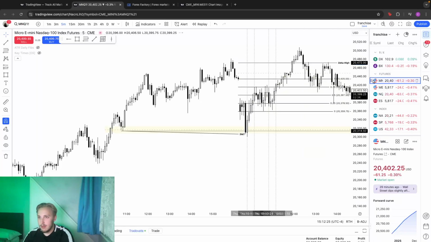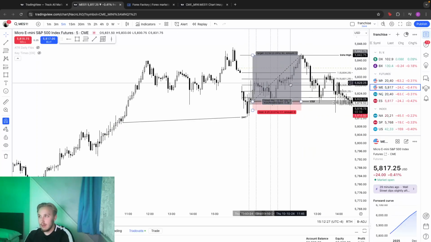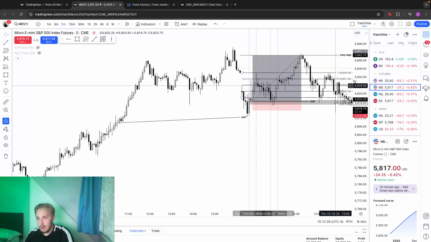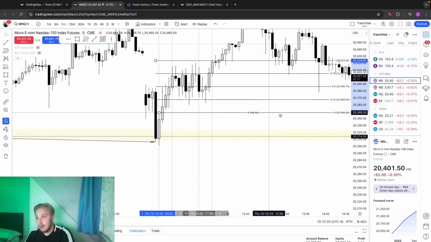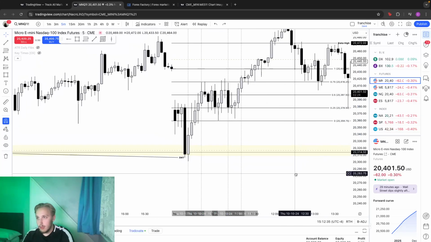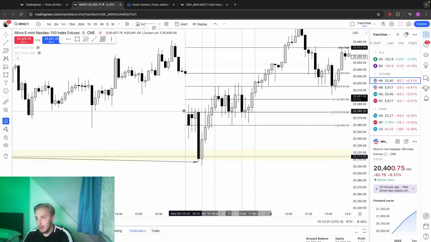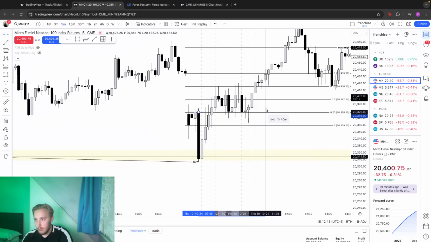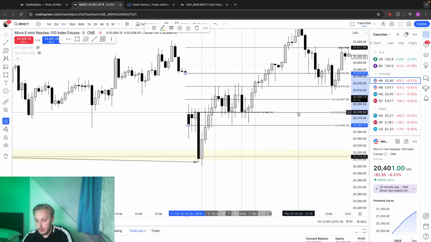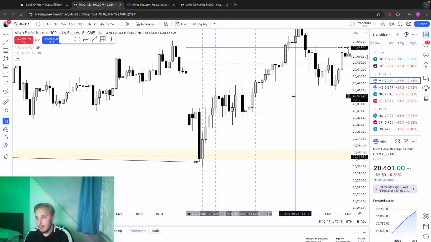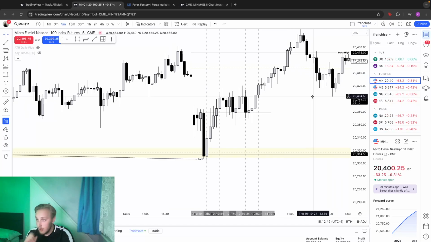We'll show you NAS. You wouldn't have taken it on NAS because we had the SMT for ES. But if you did, don't worry, the macro did not forget about you. So we'll mark this up right there. As our CSD, we will get rid of this opening range gap just for the second.